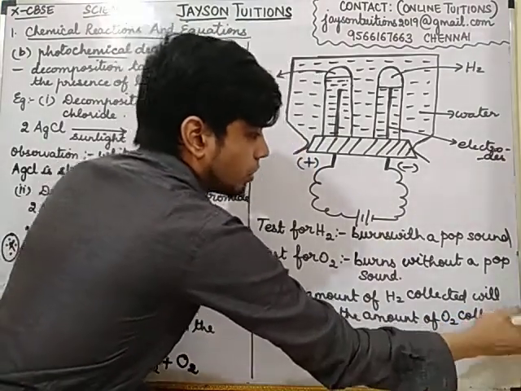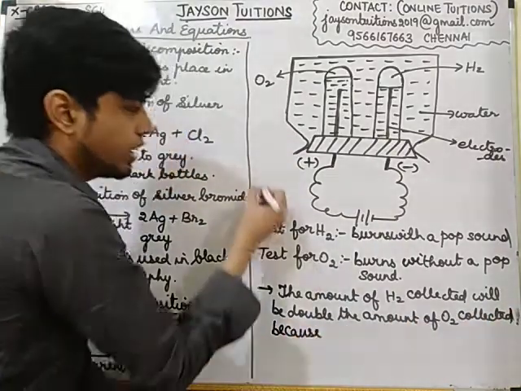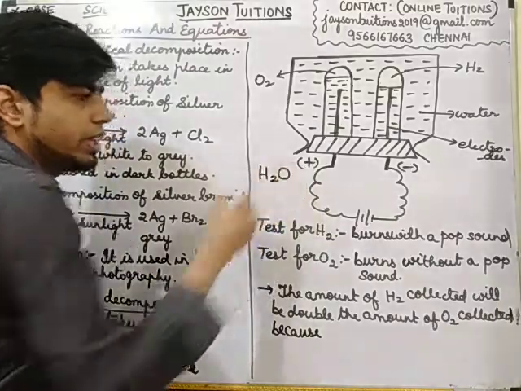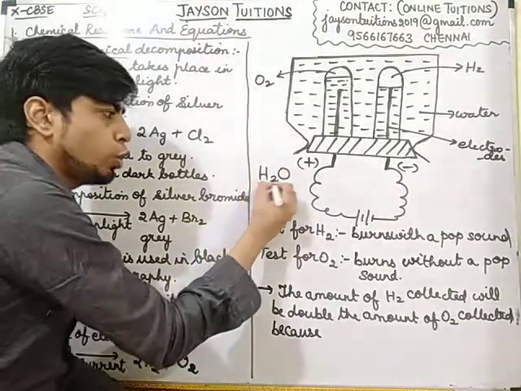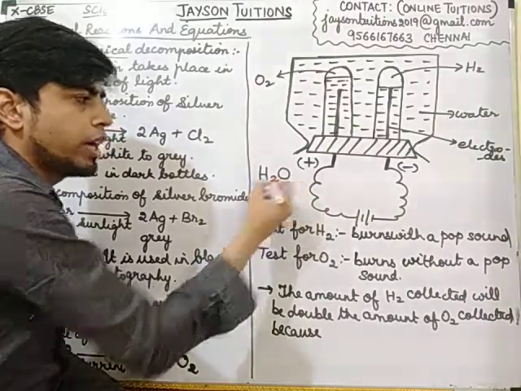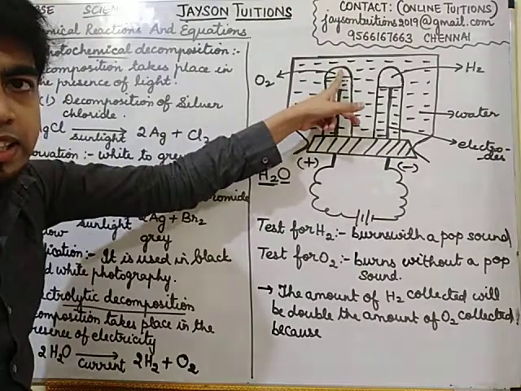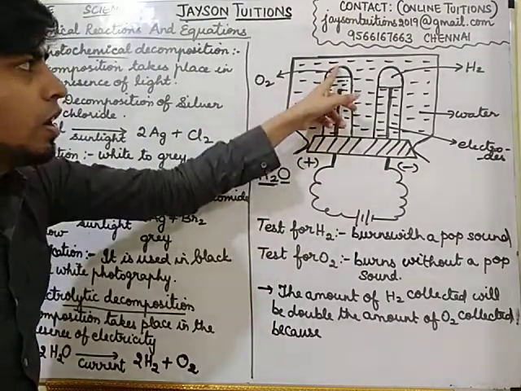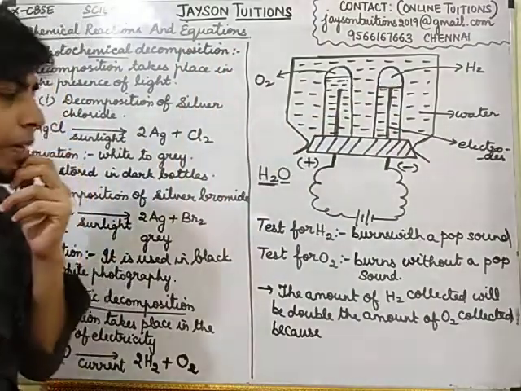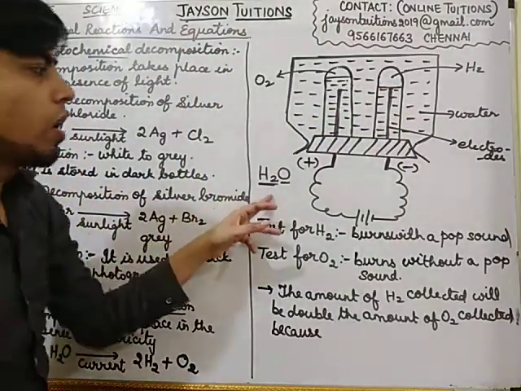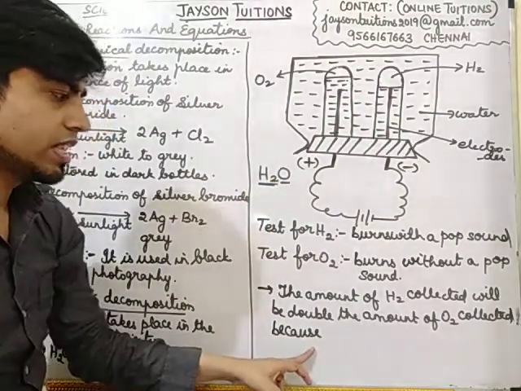Why? Because what is the formula for water? H2O. In water molecules, there are 2 hydrogen and 1 oxygen. So whenever 1 oxygen is getting collected, for that 1 oxygen, how many hydrogen will be collected? 2 hydrogens will be collected. So always hydrogen is collected double the amount of oxygen.